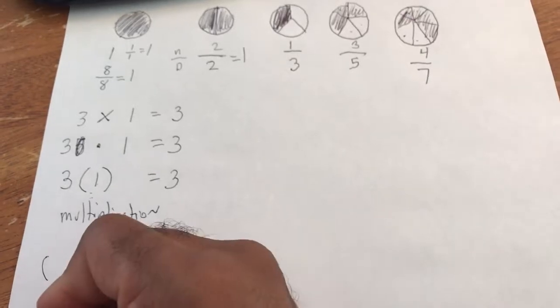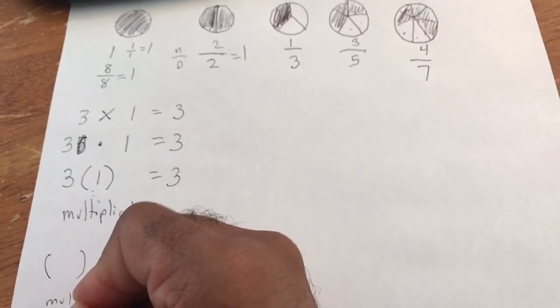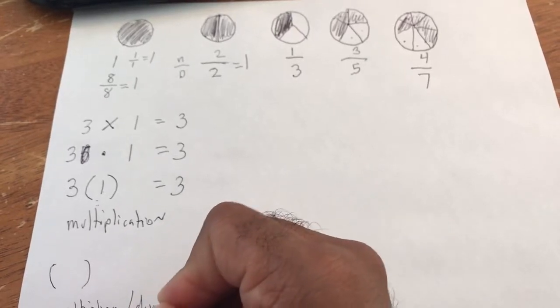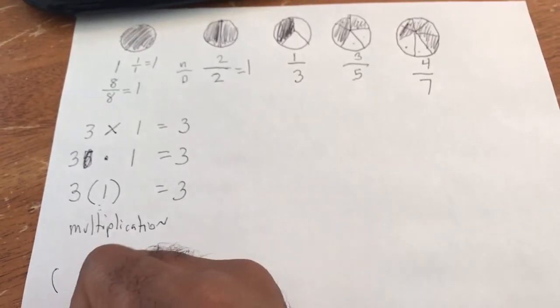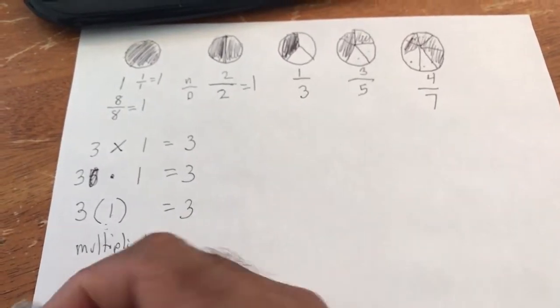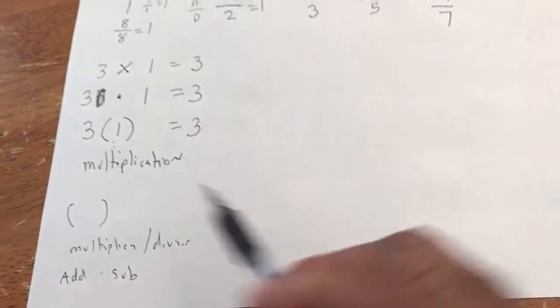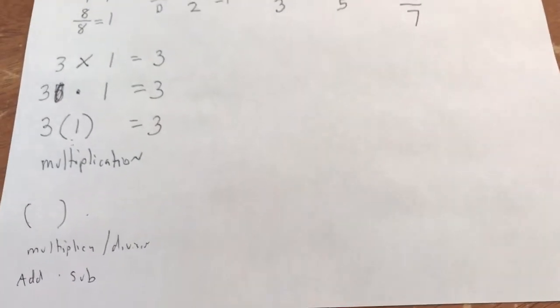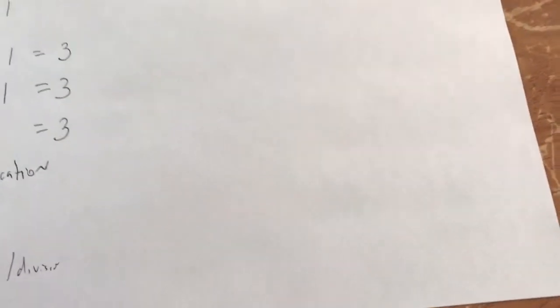And then we'll do multiplication second, or division, and then we'll add, and then we'll subtract. Order of operations, and this is just to pass the test. So that's the order of operations.